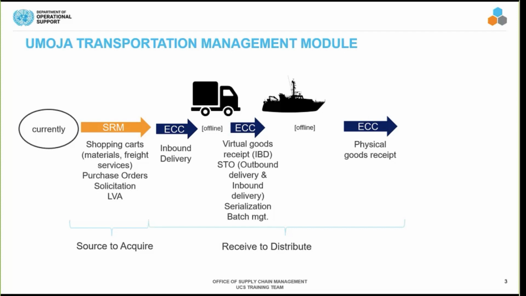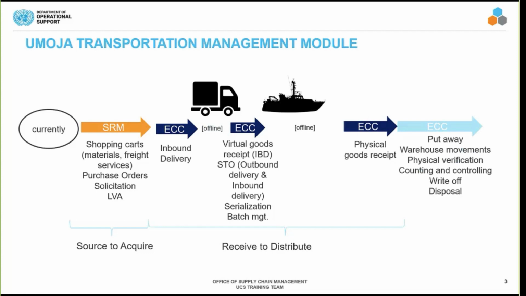Not only that, Umoja allows us to do another set of activities, which are put away into the warehouse, to perform different warehouse movements, to conduct physical verification, to conduct counting and controlling, write-off, disposal, picking, goods issue, and many, many other transactions. And these transactions are within the group of what's called inventory management transactions and warehouse management transactions. This is what currently Umoja offers to us.